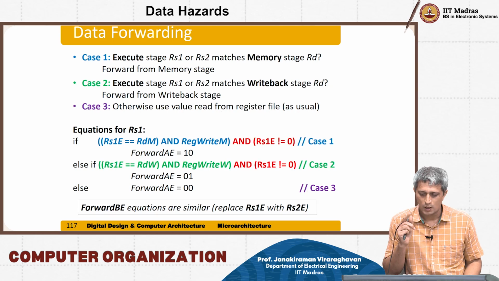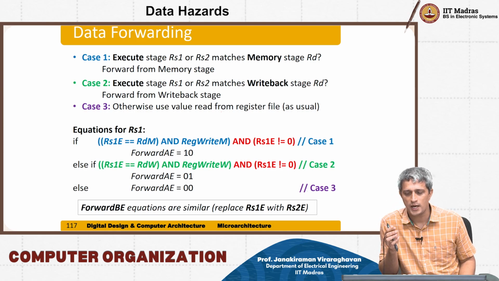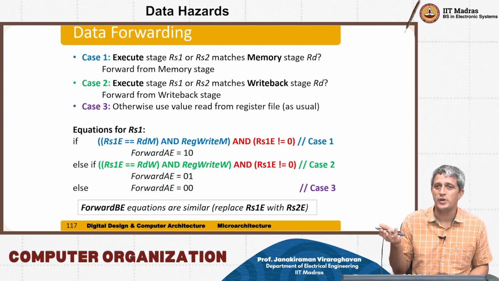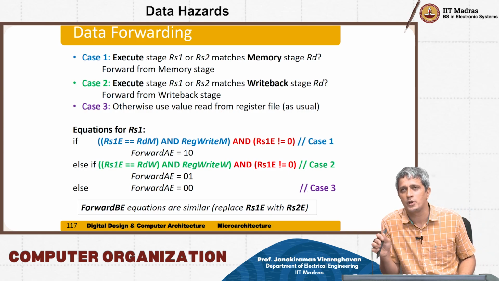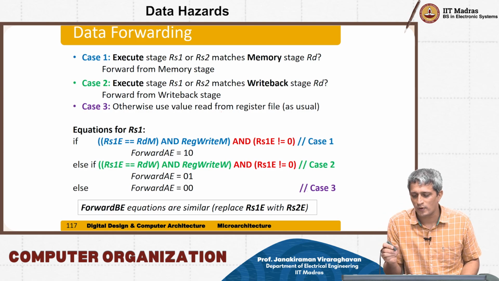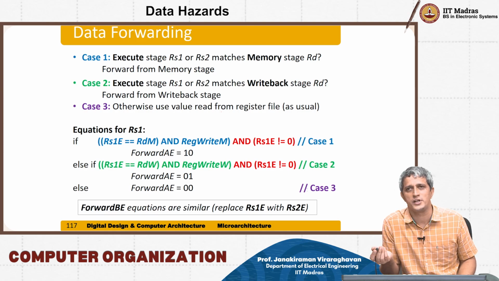Okay. Of course, one important thing you must remember is that RS1E should not be the 0 register, because the 0 register cannot be written into. So that's why you see that there is this AND RS1E not equal to 0 also there.